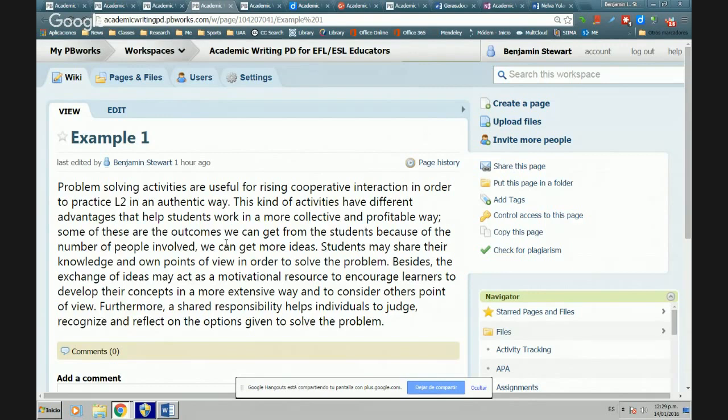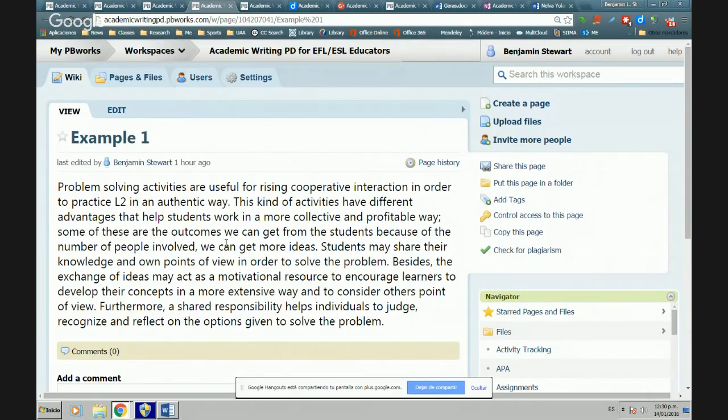If I came along and I said, you know what, problem-solving activities are not useful for raising cooperative interaction in order to practice L2. I'm looking at it from whether or not it is debatable.